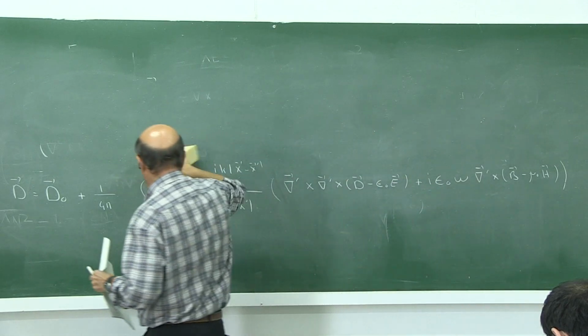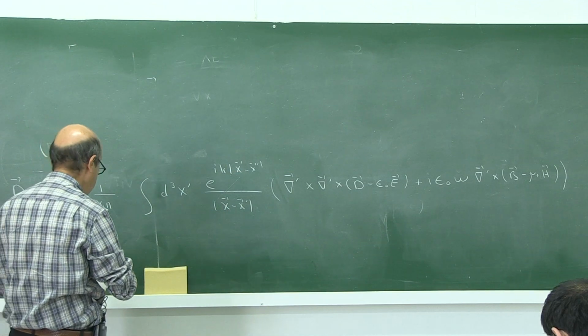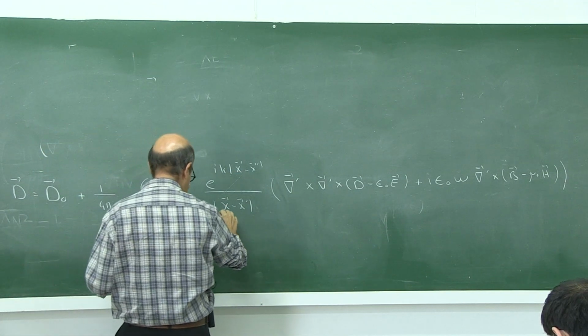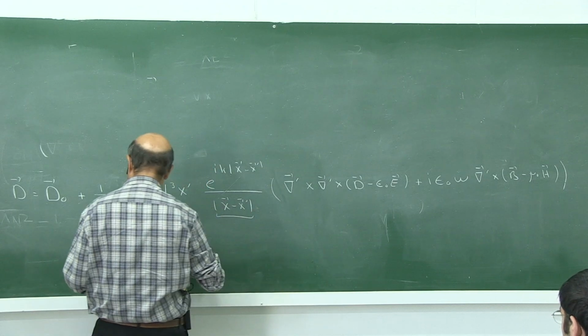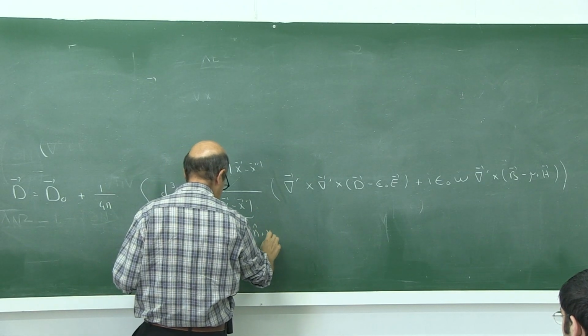Now let us study the x minus x prime again. So instead of the magnitude of x minus x prime, I can write r minus n dot x prime.